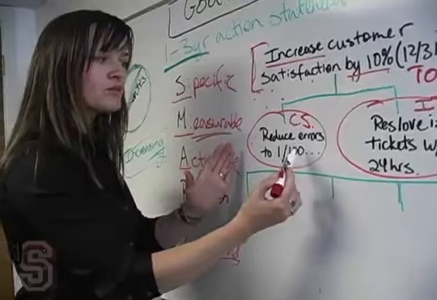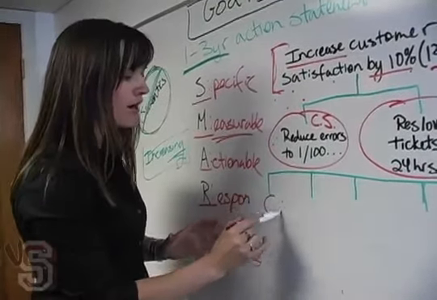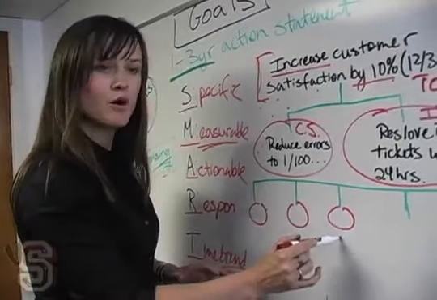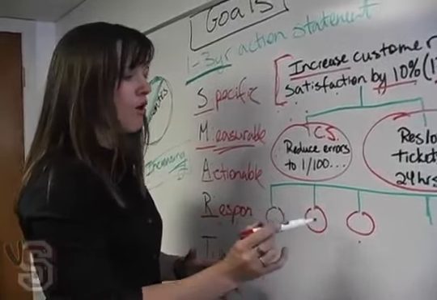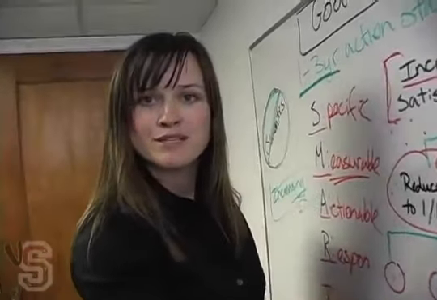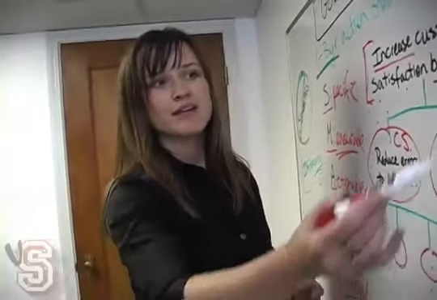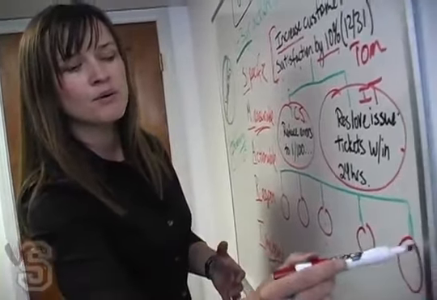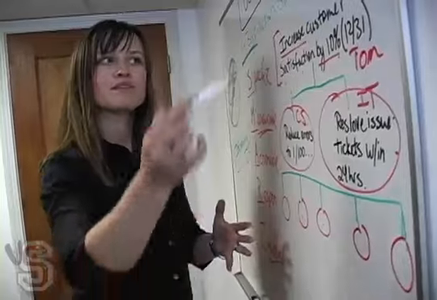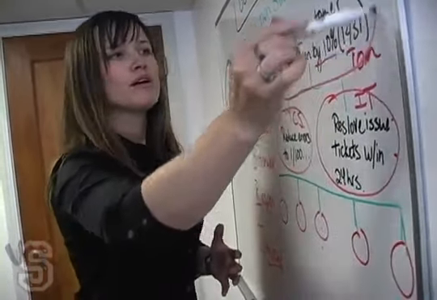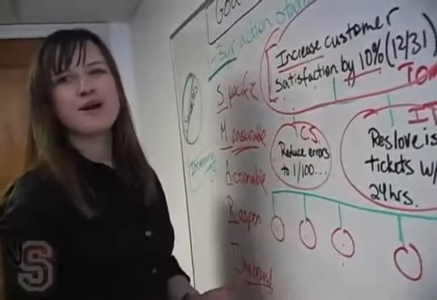Now, within the customer service department, there maybe are a couple of people within the department that help us reduce errors. Maybe it's a process, or it's a system, or it's a form that we need to fill out more effectively. Same thing in IT, couple of people that need to help resolve issue tickets a little bit faster. So what have we done? We've taken this big lofty goal, increase customer satisfaction. We can't accomplish that.